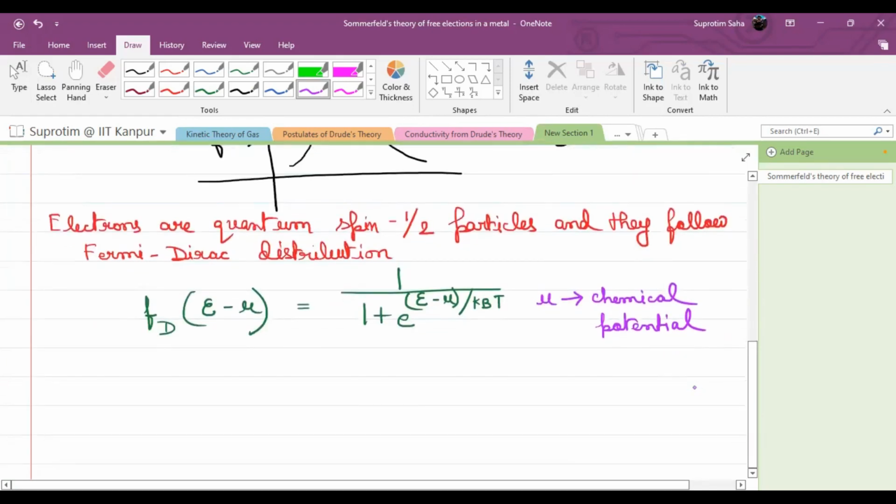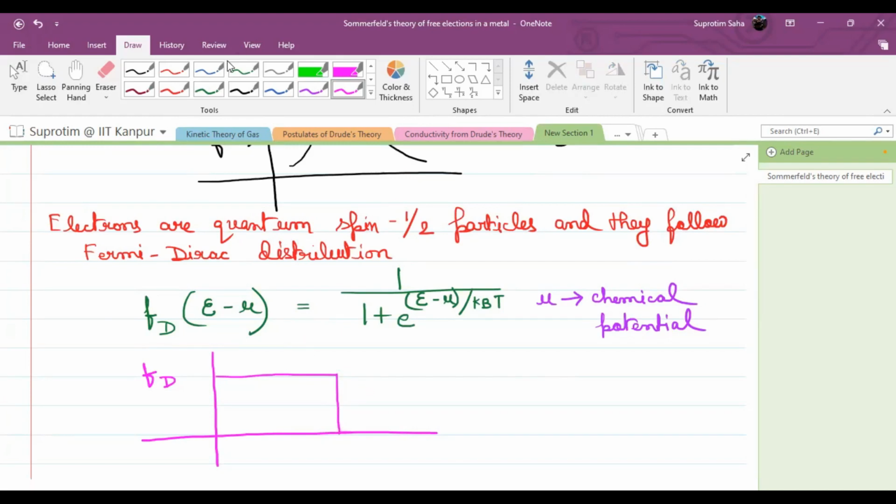So the electrons follow a Fermi-Dirac distribution. Let us sketch it. Say at T equals 0, this is your Fermi-Dirac distribution. At T equals 0, the distribution is 1 up to a certain energy and then drops down to 0. This is 1, this is 0.